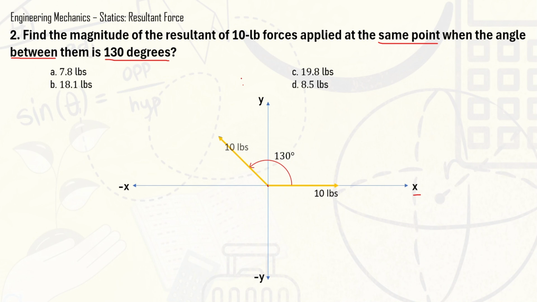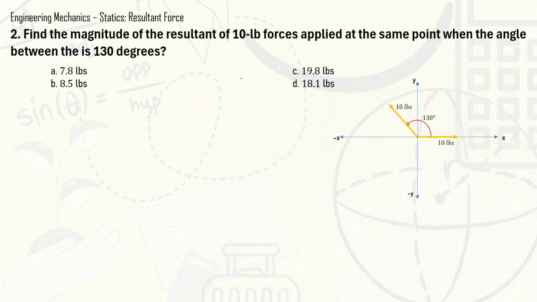In solving this, we can now actually use the equation we used for the first problem. That's the resultant, and these are the two forces. Substituting, we have the resultant and the first force, which is 10 angle 0 degrees plus 10 angle 130 degrees. Bakit 0? Kasi nasa along the x-axis.